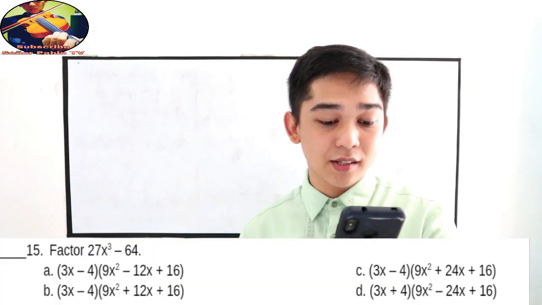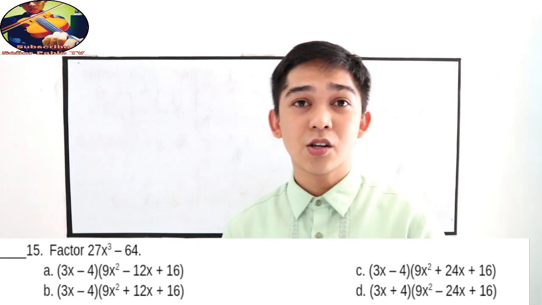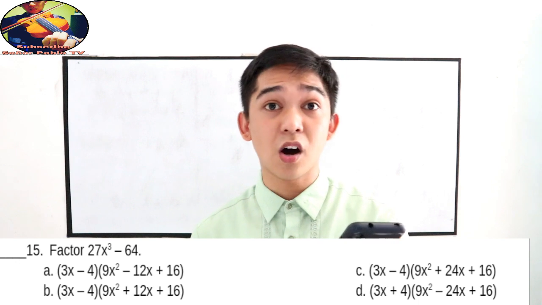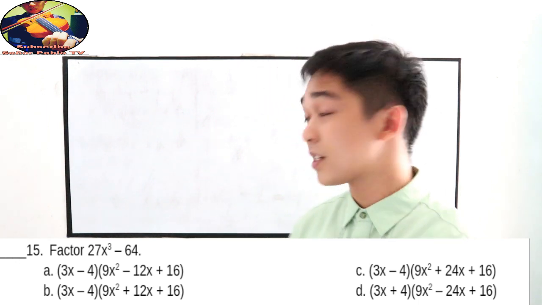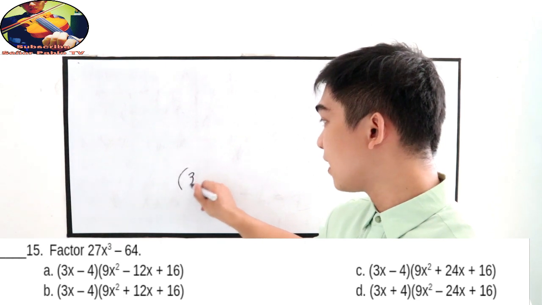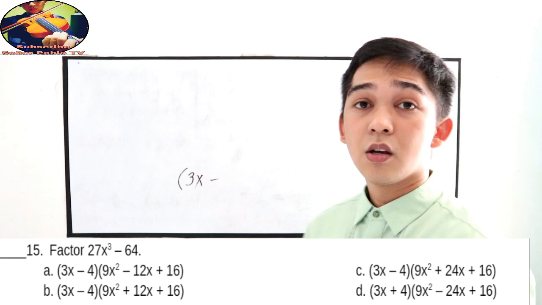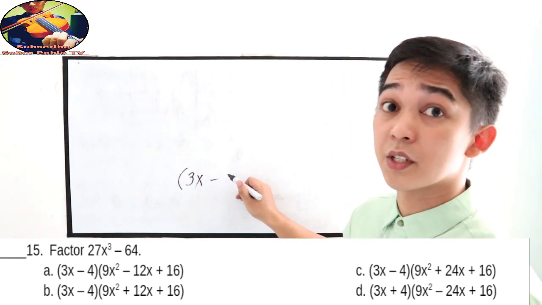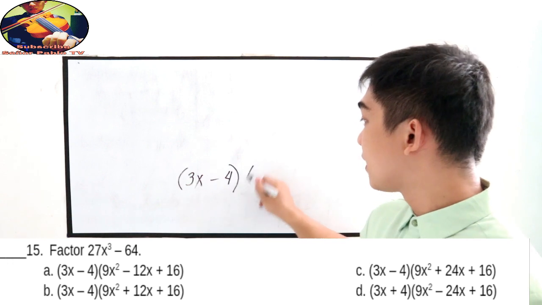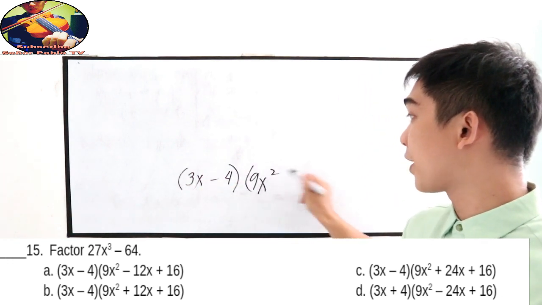Now, number 15. Factor 27x cubed minus 64. So, difference of two cubes. So, cube root of 27, that is 3. Then the variable x minus cube root of 64, 4. 4 times 4, 16 times 4, 64. So, 4. Then, square the first term, that is 9x squared.